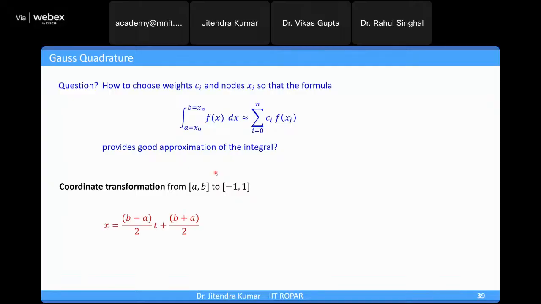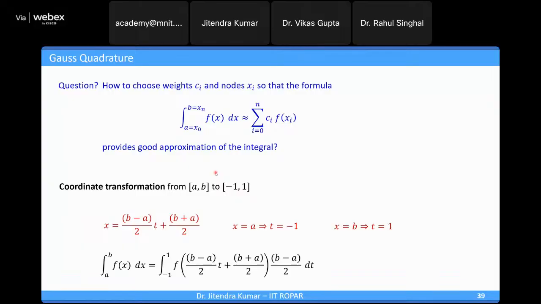You take x = ((b-a)/2) t + ((b+a)/2). With this transformation, you can convert your integral from a to b of f(x) dx into some integrand, of course this integrand will change a bit, from -1 to 1 in dt. So any given interval a to b, by this simple substitution, you can convert exactly into -1 to 1.